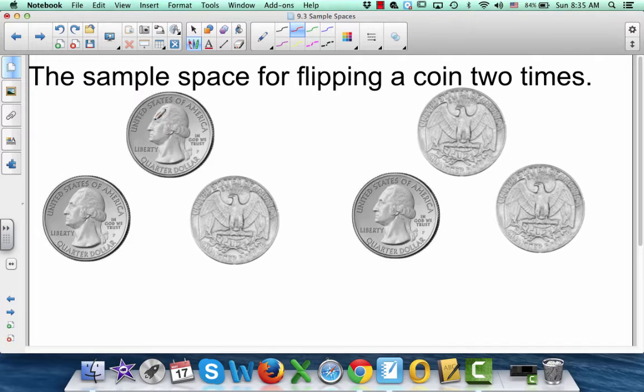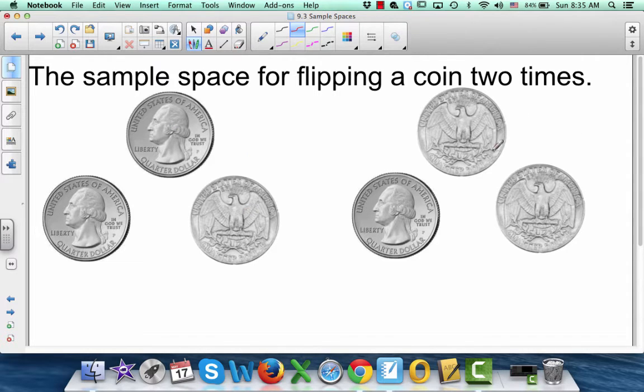Now the sample space for flipping a coin 2 times. You can get a head the first time or a tail the first time. If you get a heads the first time, the second time that you flip, you could get a heads again, or a tails.